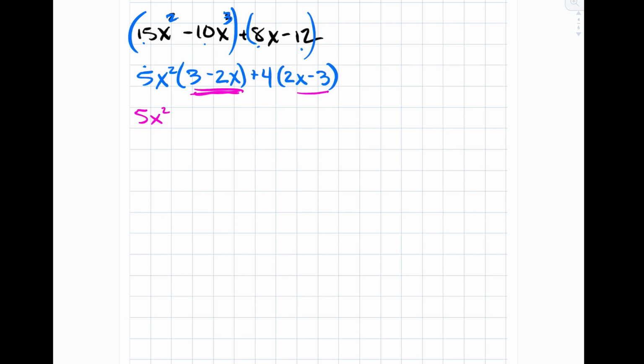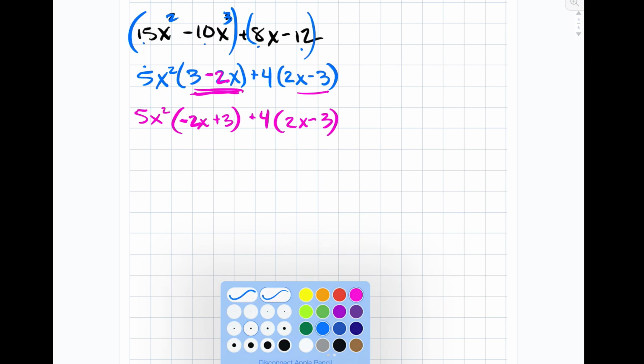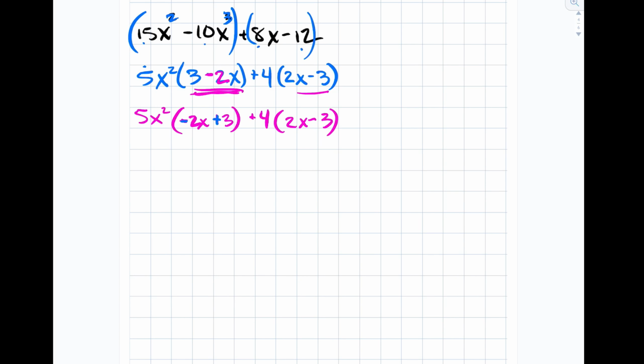So 5x squared, and I'm going to flip these two terms around. That's a positive 3 plus 4. The sign that's in front of the 2 goes with it, right? So you can see it's a minus 2x. 2x minus 3 in the second parentheses. So there's one other thing I need to do, right? There's a minus sign here, there's a plus there.